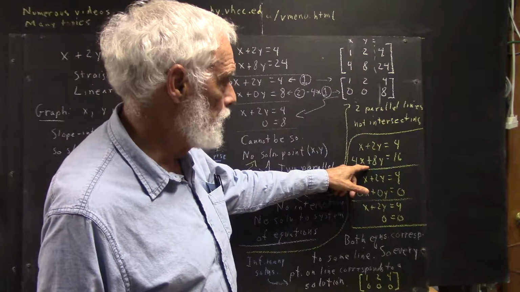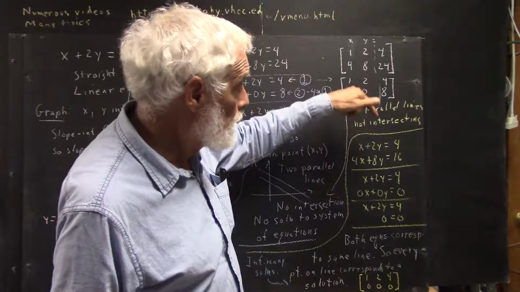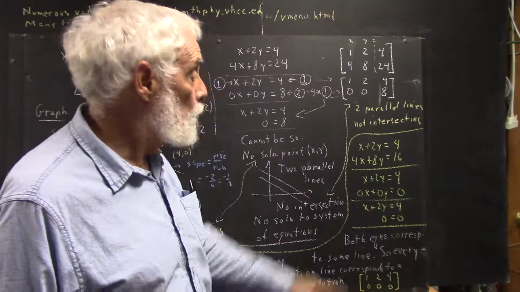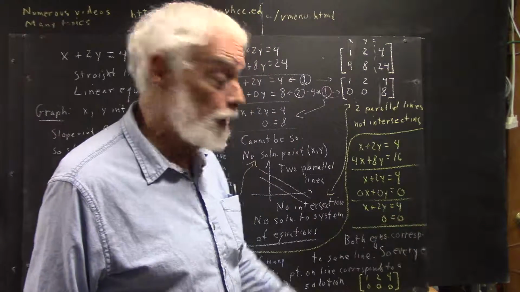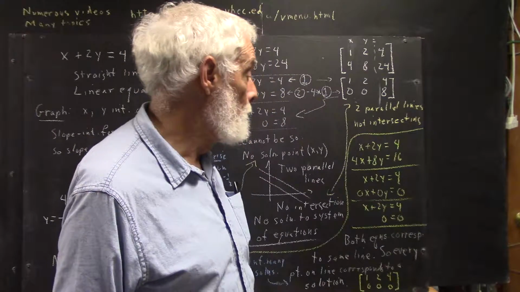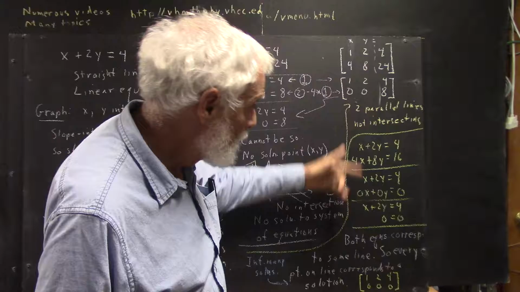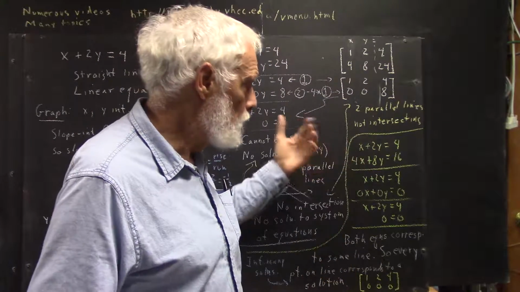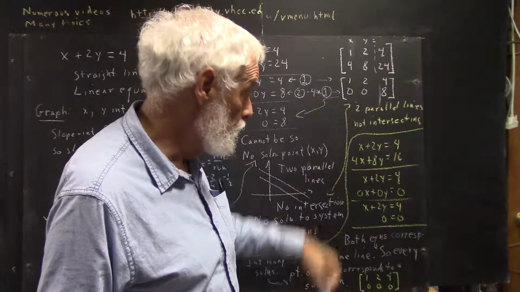And the second equation here is 4 times the first. So when we subtracted 4 times the first from the second, we got our 0 equals 0. We're still left with the first equation, and any solution to this equation is a solution to the whole system, since these equations are, except for their form, identical. Any solution of this is a solution of this.